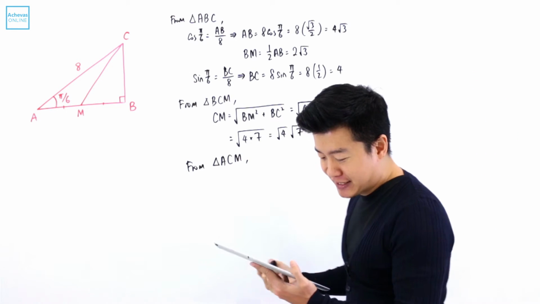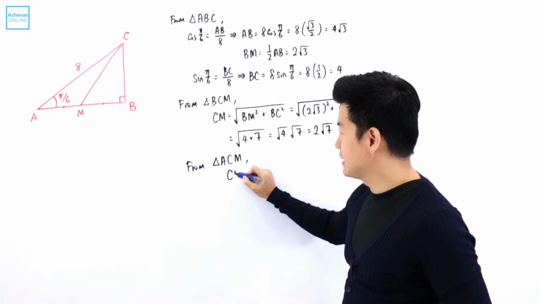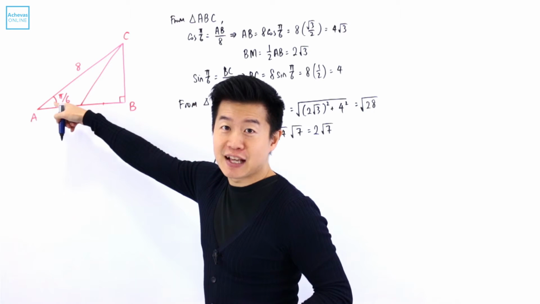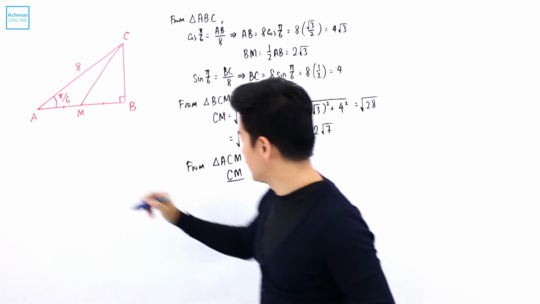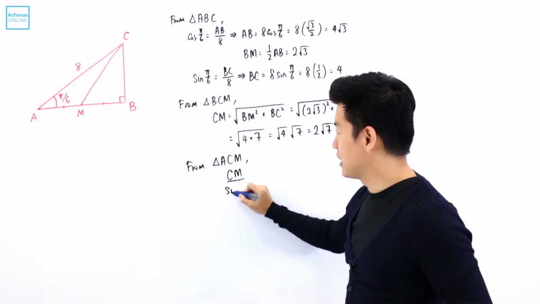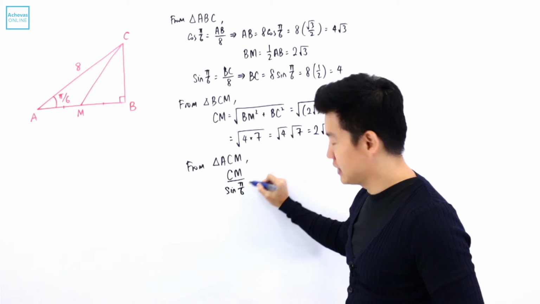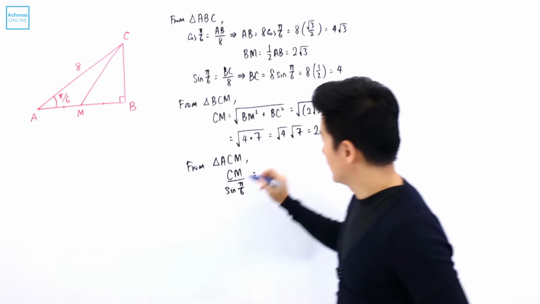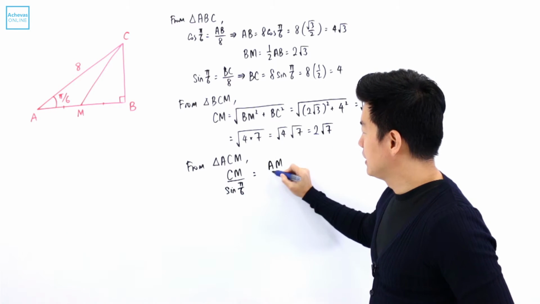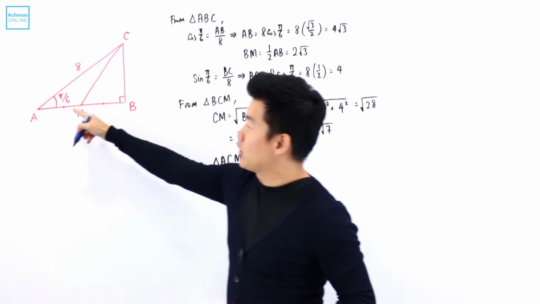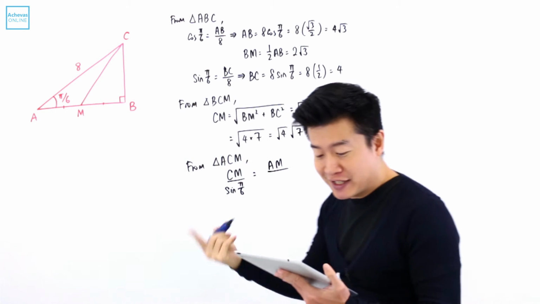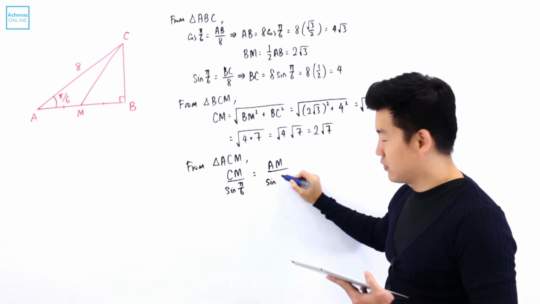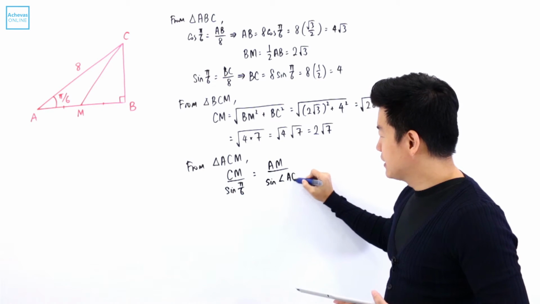Making use of sine rule, we can say that CM, this length, divided by the sine of the angle that is opposite this side, so it is CM divided by sine pi over 6, is equal to AM divided by sine of the angle that is opposite, which is actually the angle that we are trying to focus on. This is sine of angle ACM.